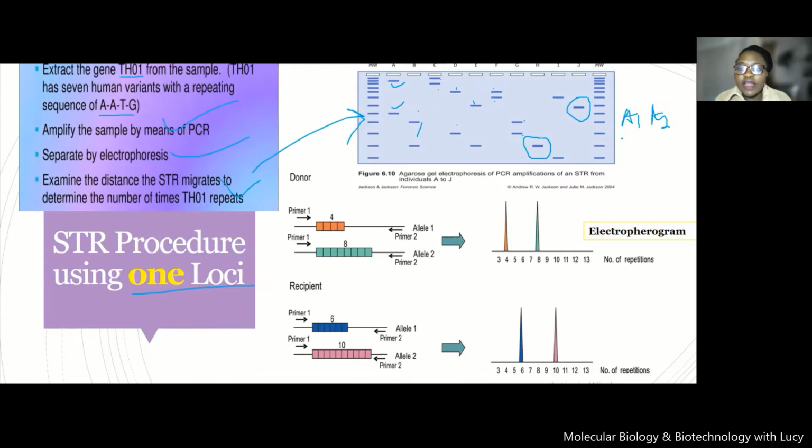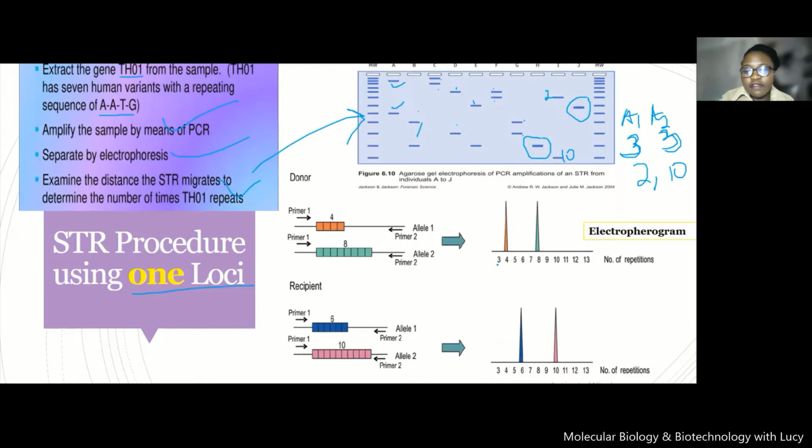So the one that shows 1 means it had exactly the same repeats. If it was 3 for the mother, it is also 3. But the ones that are different mean that maybe this is 2 and this is 10, so the genotype will be 2,10. But for the one that shows 1, it was exactly the same. The allele that came from the mother and the one that came from the father were exactly the same. That is when you have the gel as the fingerprint profile.